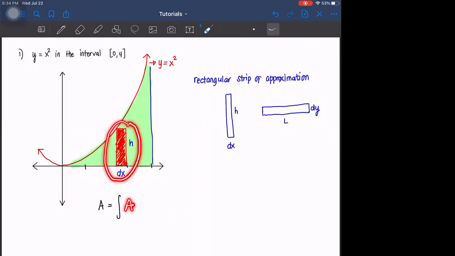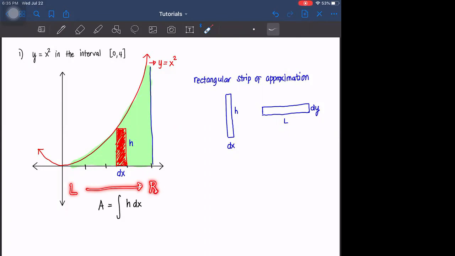Ang height dx, di ba? That's h dx. Gikan sa kung nagtindog gani class, kung nagtindog gani ang atong rectangular strip of approximation, dx man ni di ba ang width? So ang imuhang movement sa imuhang limits, you go from left to right. Asa man nga value sa x nagsugod ang shaded nga region.